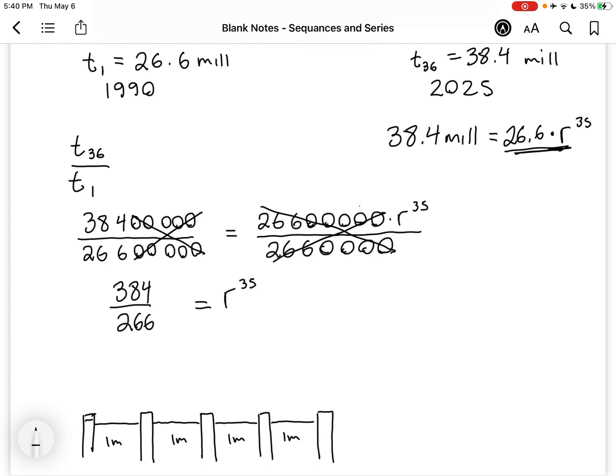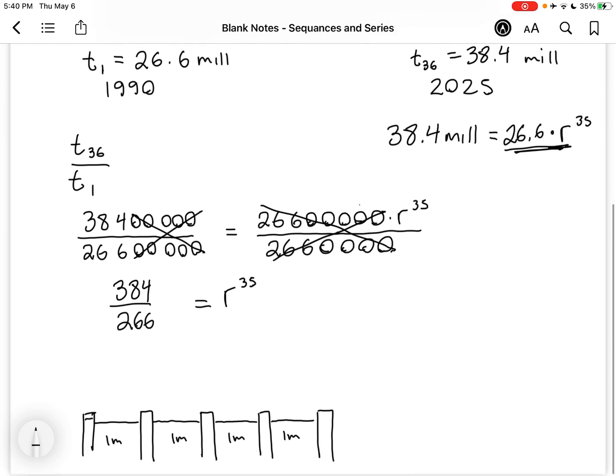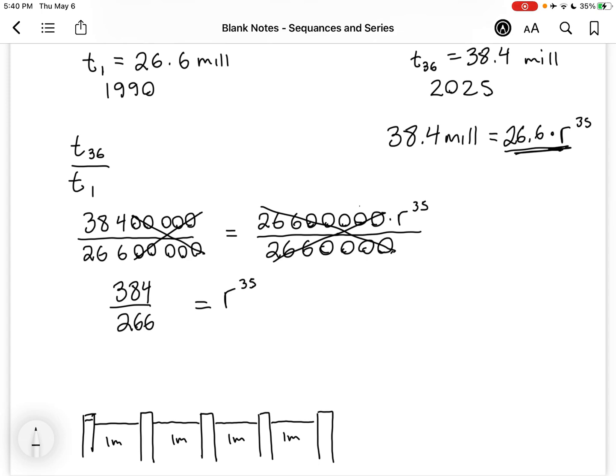r to the 35. Now we can solve this by taking the 35th root of this value. We can find the r value. On your calculators, if you want to put in whatever root you want, you have to hit the math button. Actually, that's not true.